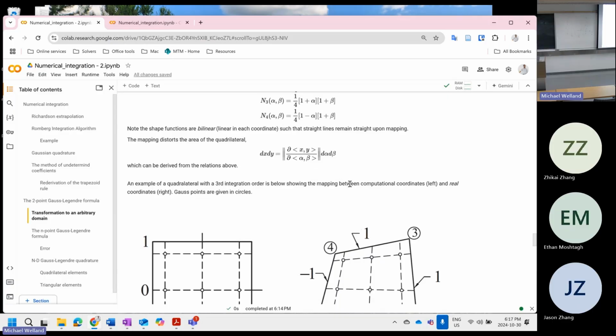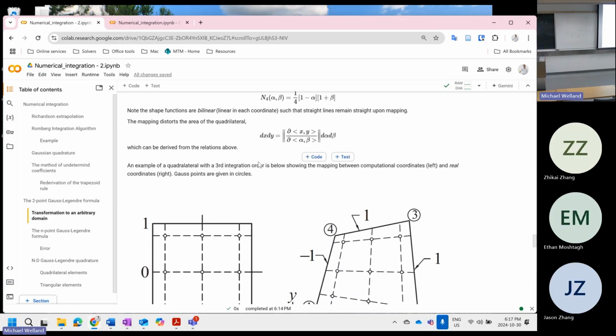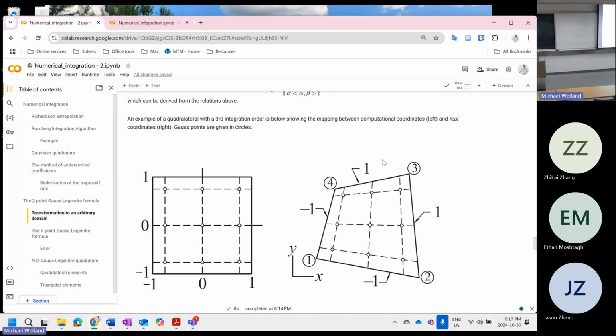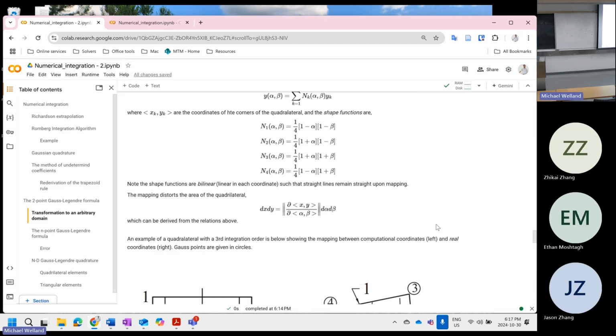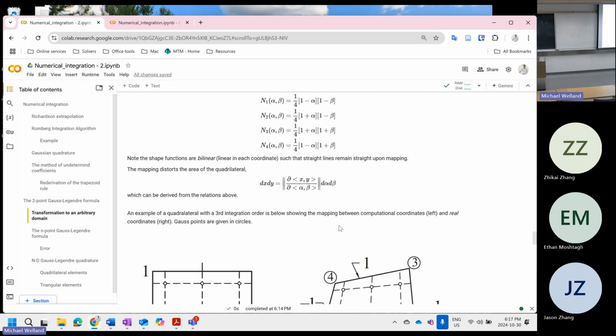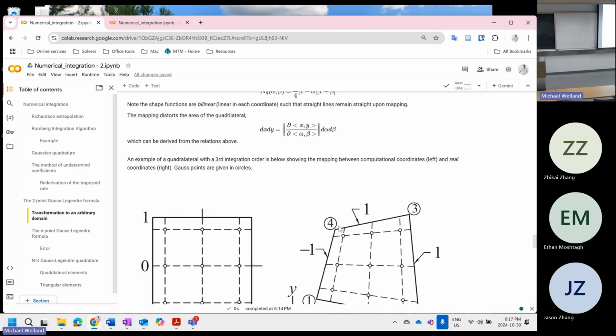We also have to be aware that there is a mapping distortion that goes on with this quadrilateral, because we're actually changing the shape. There is a bit of an area distortion. We have to throw that in. That turns out not to be so complicated. Honestly, at this point we're into package territory when you look into Gaussian quadrature, but it is kind of important to know what's happening here. Okay.